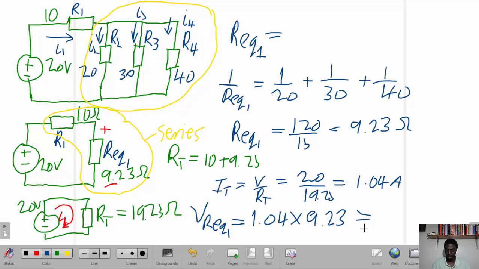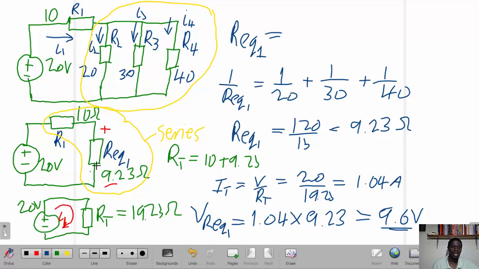And using that equation, we're able to determine the voltage to be 9.6 volts. This 9.6 volts that we found is the voltage now across here.